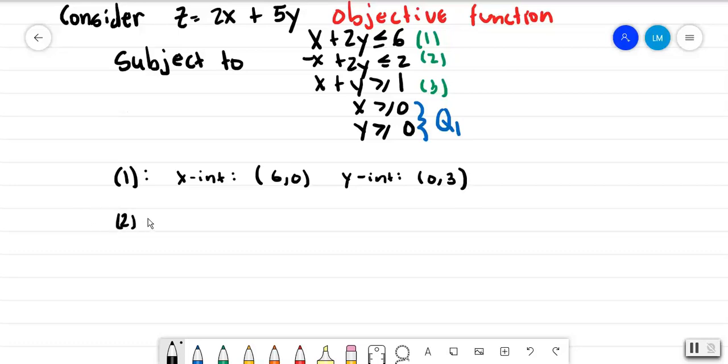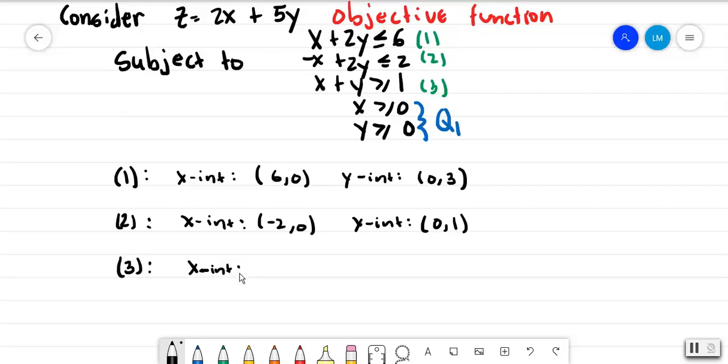If I look at the second inequality, similarly, the x-intercept is going to be negative 2 comma 0, and the y-intercept is going to be 0 comma 1. For the third inequality, the x-intercept is going to be 1 comma 0, and the y-intercept is going to be 0 comma 1.